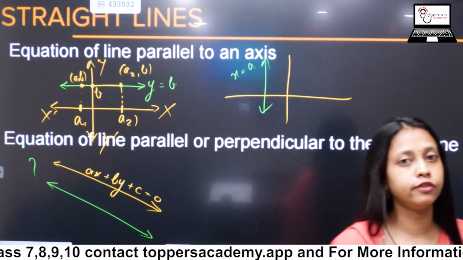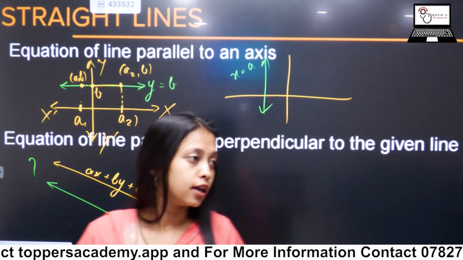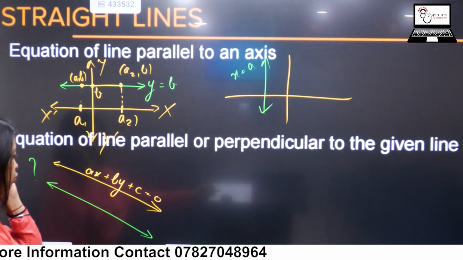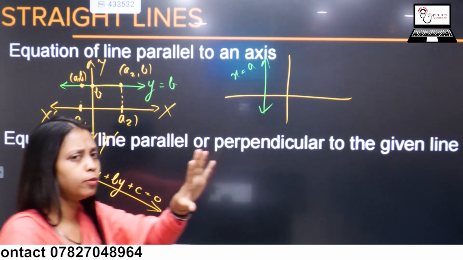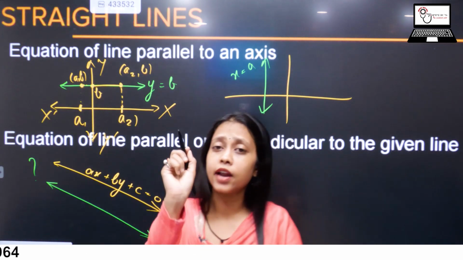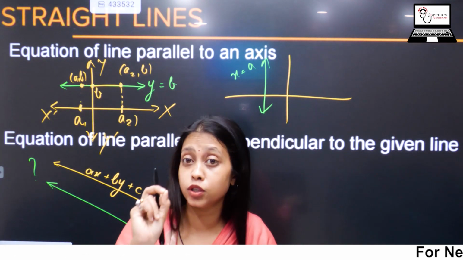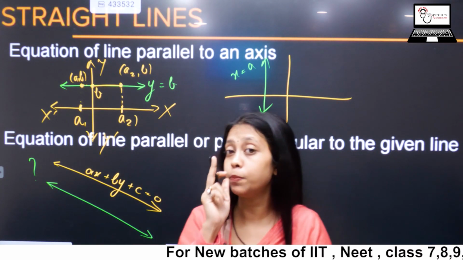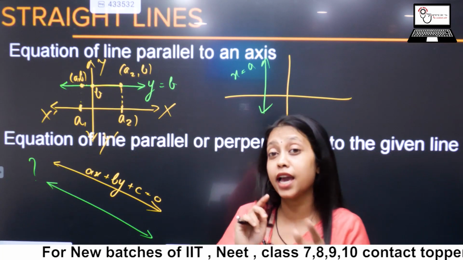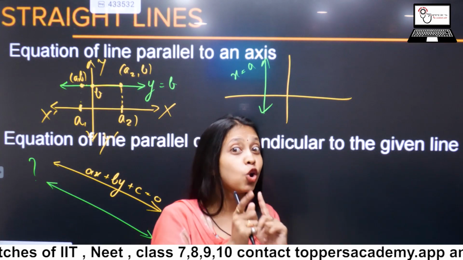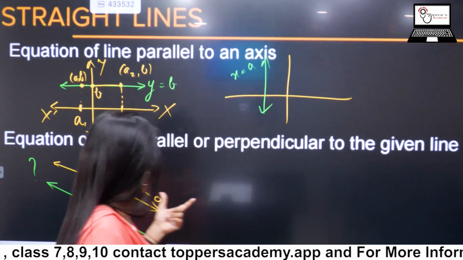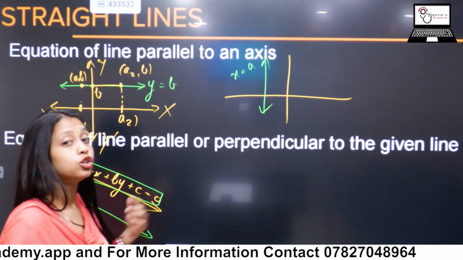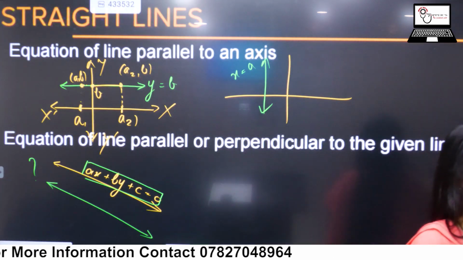To find the equation of this line, right now, what information do you have about this line? Recall we have done parallel lines and perpendicular lines. They have a relation between the slopes of the lines, right? So what is the slope of ax plus by plus c is equal to 0?